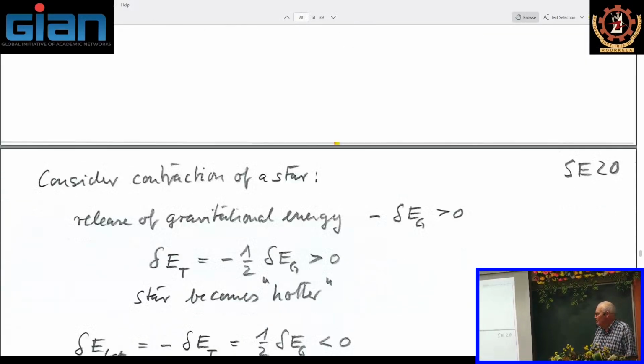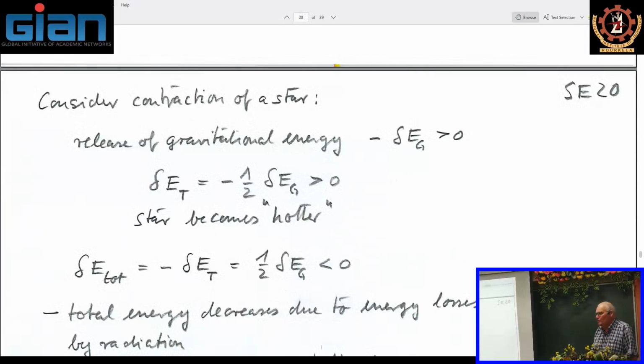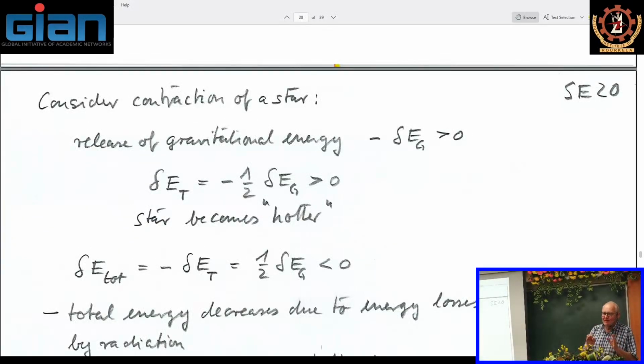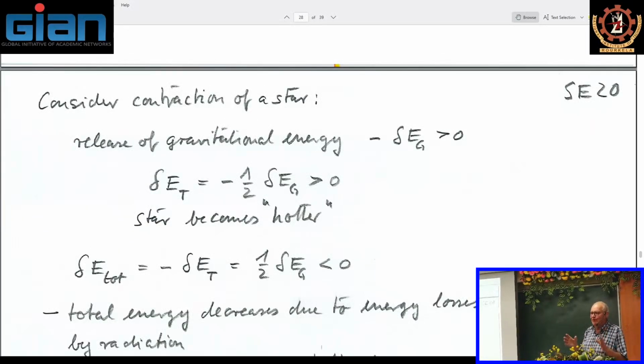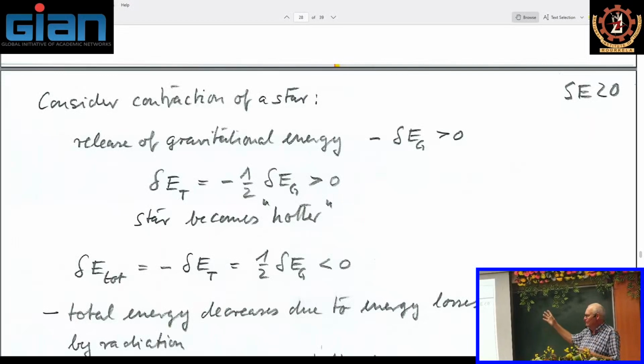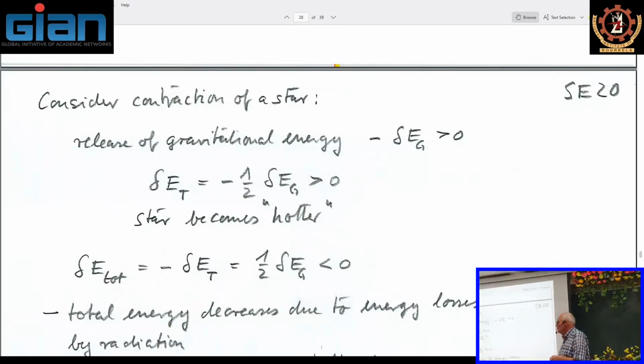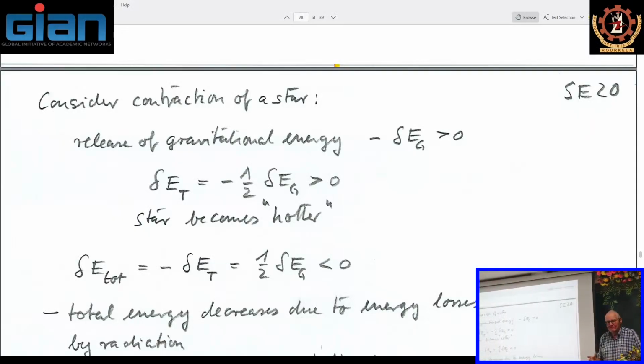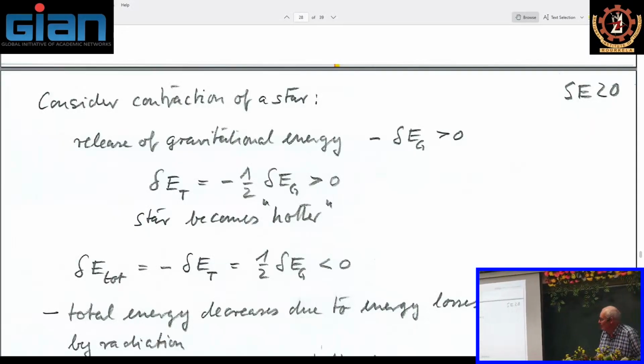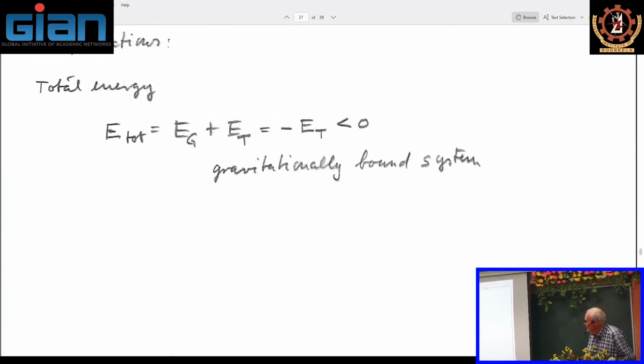Well, then he considered, and I'm repeating this now because this is very, very important, and you have to go through this analysis again yourself possibly. Well, if we consider the contraction of the star, then we release gravitational energy. Why is that? Delta Eg is smaller than 0.